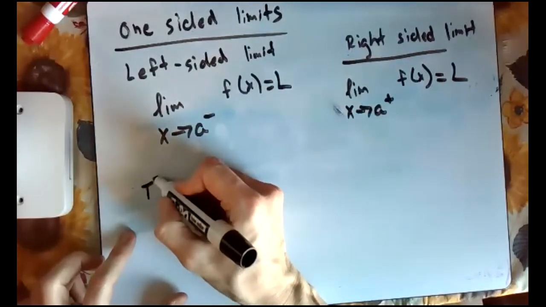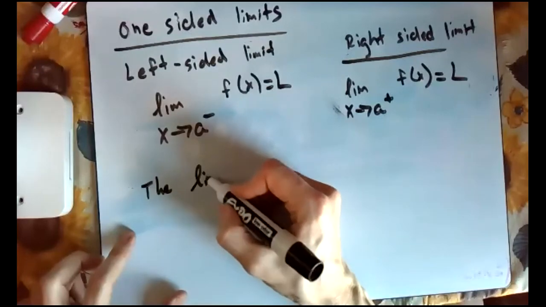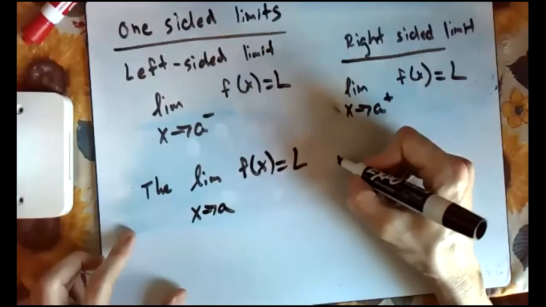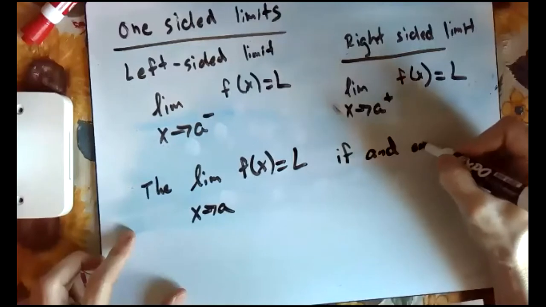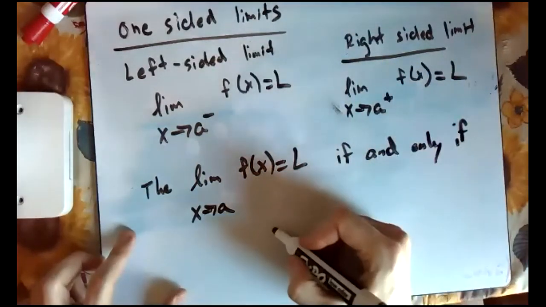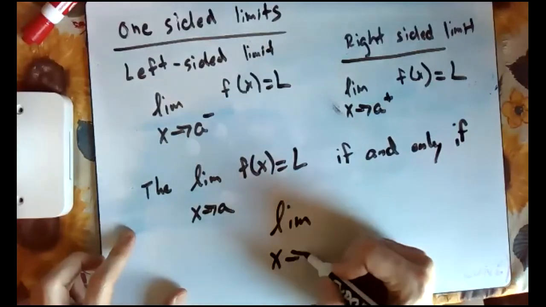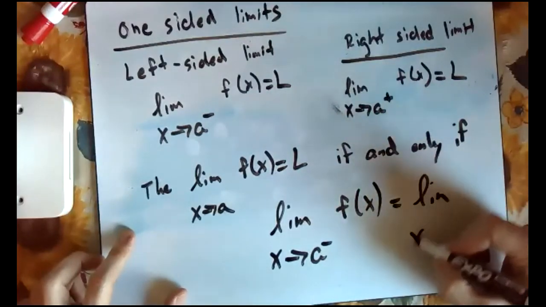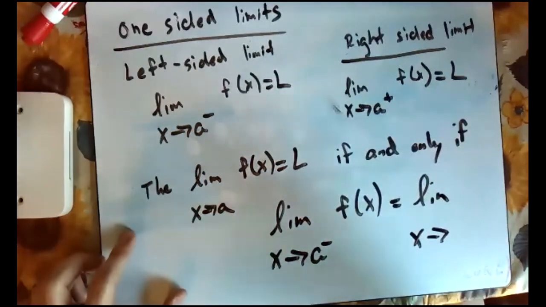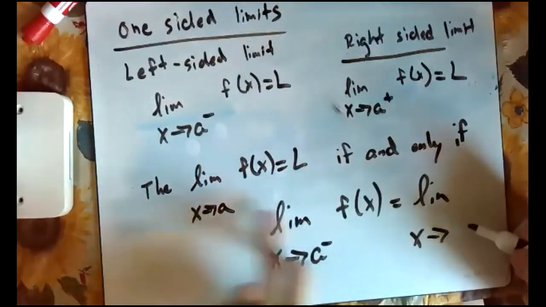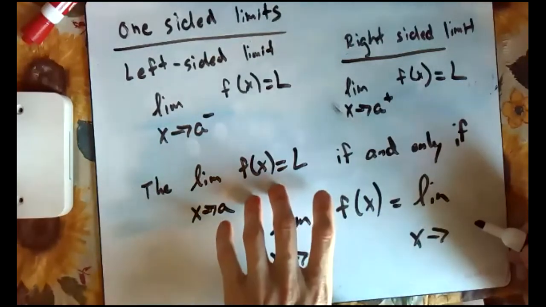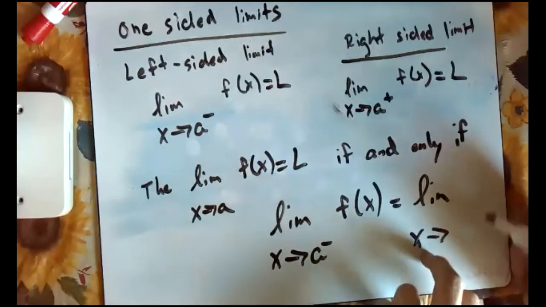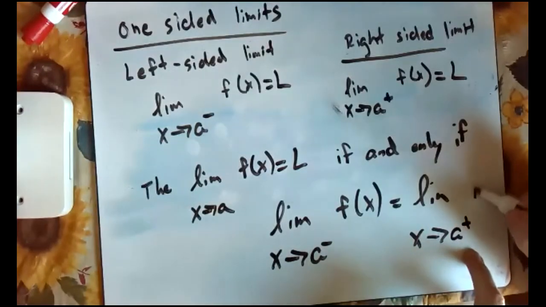So we could say the limit as x approaches a of f of x is equal to L if and only if the limit as x approaches a from the left of f of x is also equal to the limit as x approaches a from the right of f of x.